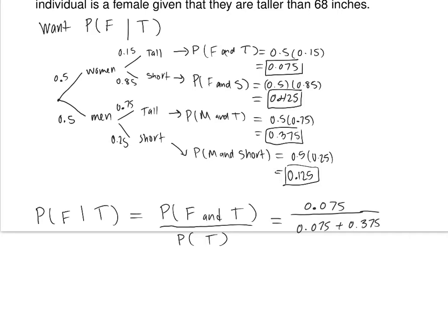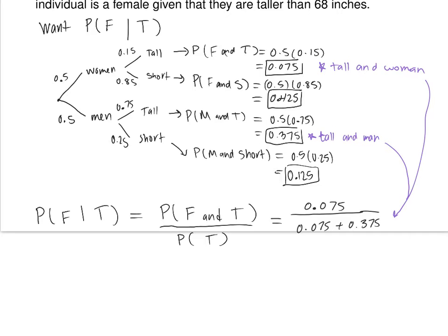So you probably should write a little note in your notes as to how you did that. This is tall and woman. This is tall and man. And that's how you found that number, those two things added together.